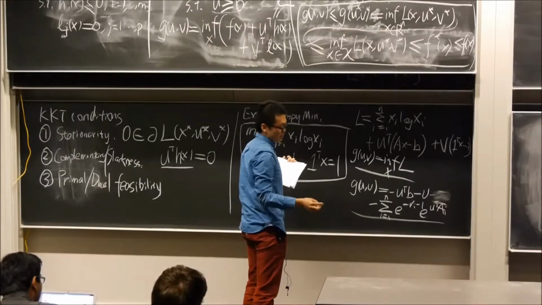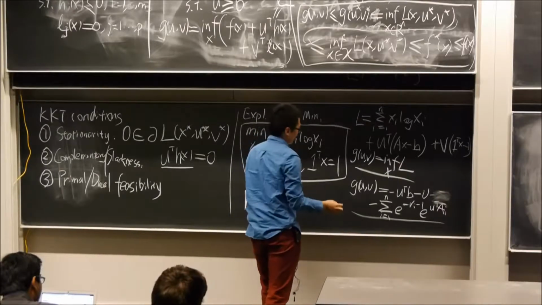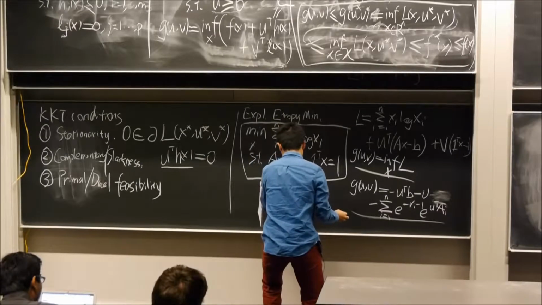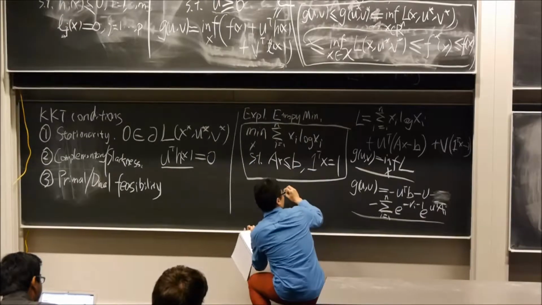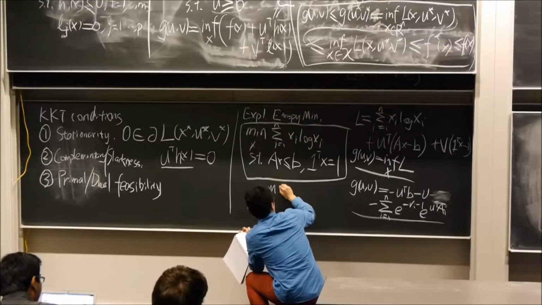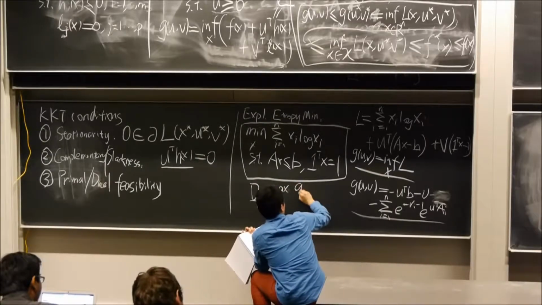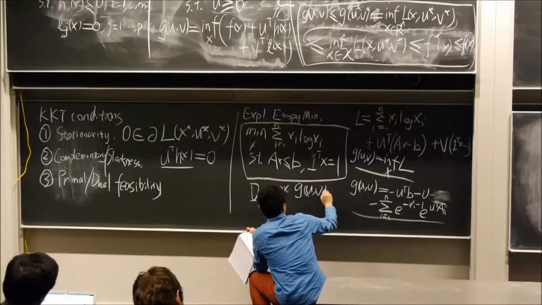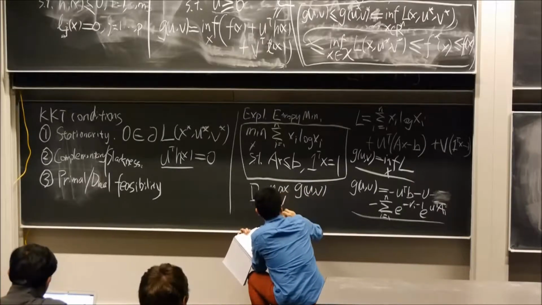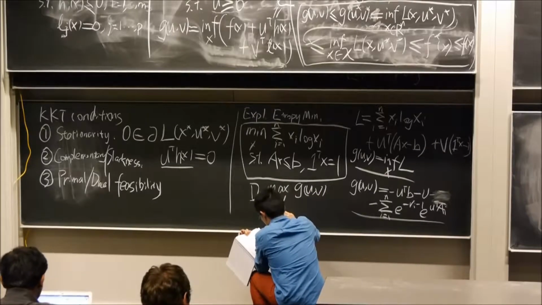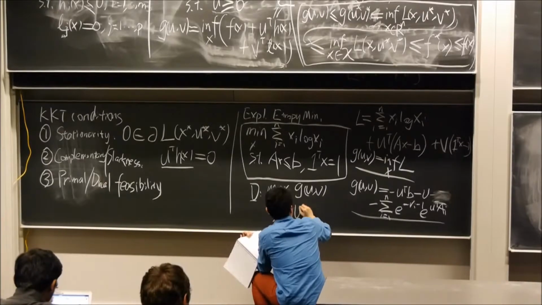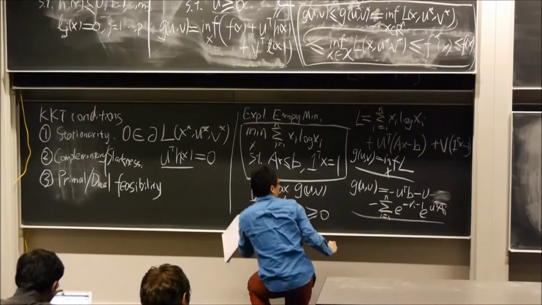It looks somewhat bizarre, but it is differentiable and very easy to deal with. Then the final dual optimization problem becomes to maximize this function g(u, v) over u and v, subject to only u greater than or equal to 0.